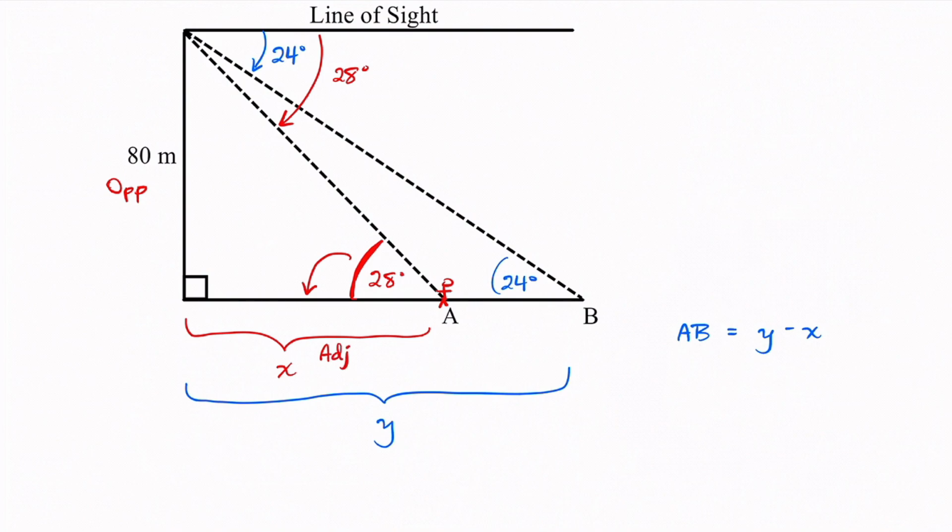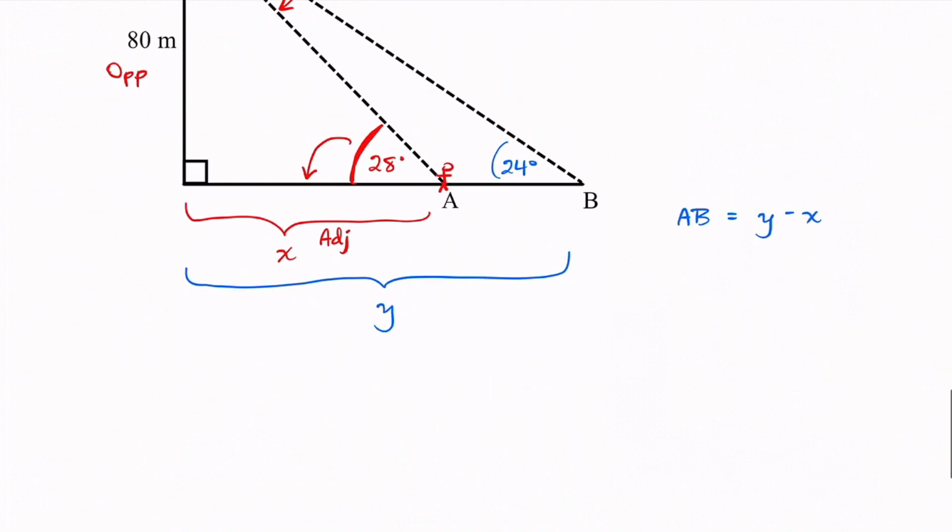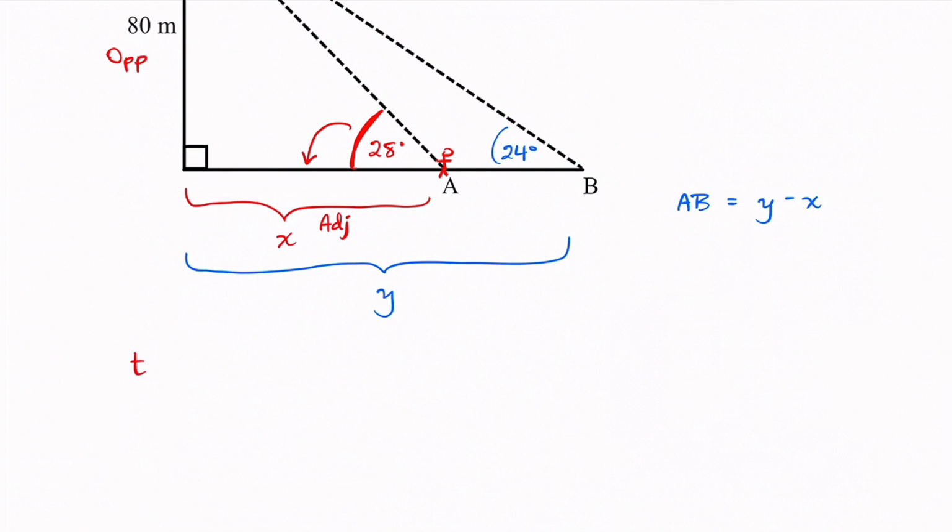So I'm going to use the O and the A, and that's the TOA, the tangent ratio. So tan theta equals opposite over adjacent. Then we can fill it in: tan of the angle, 28 degrees, equals opposite 80 over adjacent x.